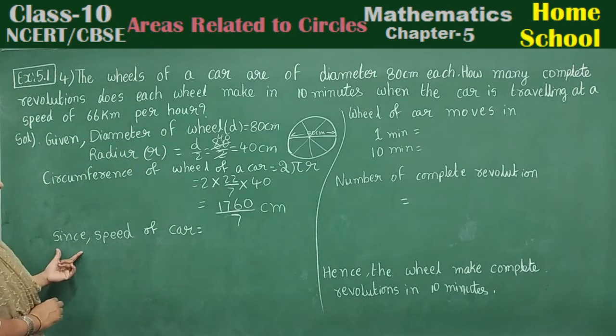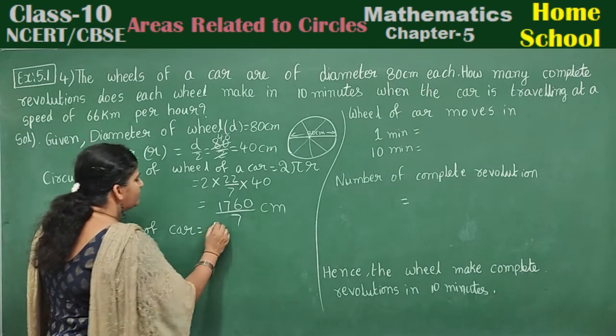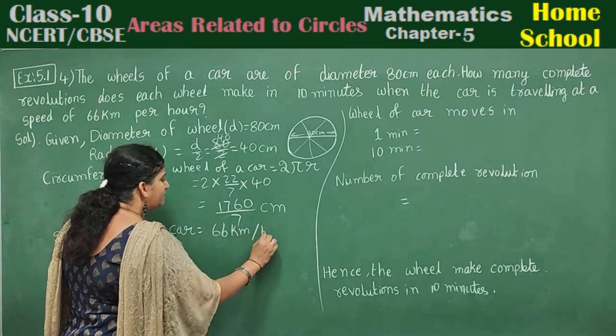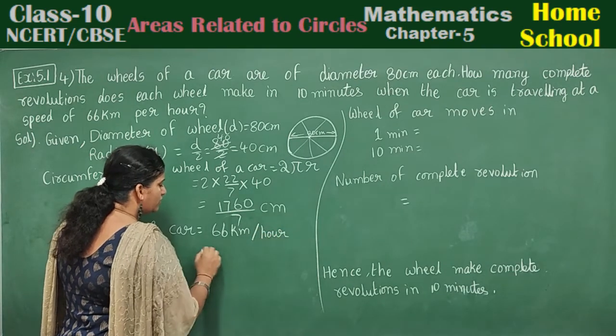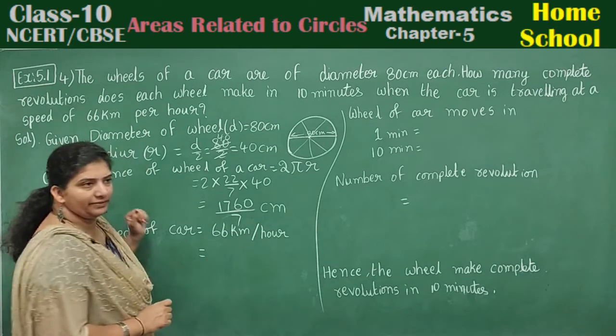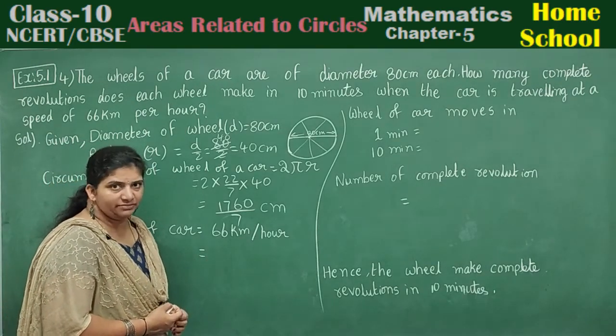Next, what is the speed of the car here? 66 kilometers per hour. So let us convert this. How can we convert? 66 kilometers. 1 kilometer is equal to how many meters? 1000 meters.